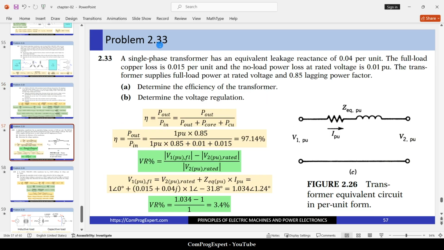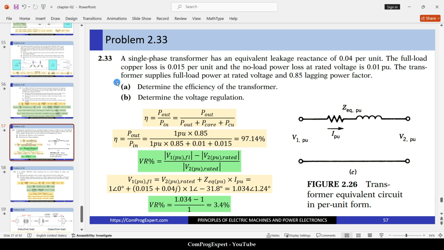Problem 33. A single phase transformer has an equivalent leakage reactance of 0.04 per unit. This is the value of the equivalent leakage reactance. The full load copper loss is 0.015 per unit. And the no load power loss at rated voltage is 1%, that is 0.01 per unit.